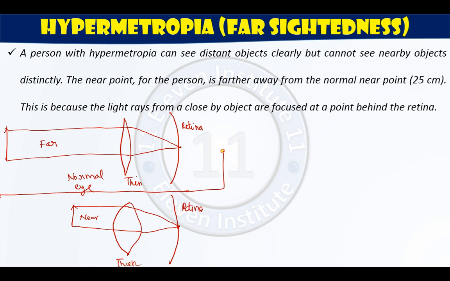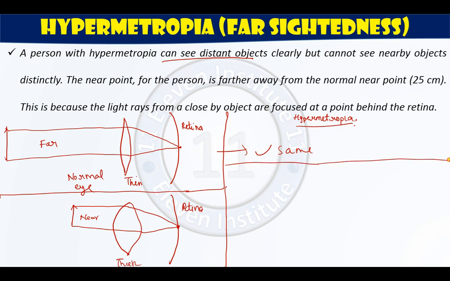But what happens if a person is suffering from hypermetropia? That is the point of discussion. Hypermetropia. What happens when a person is suffering from hypermetropia? See, this condition is same, because a person having hypermetropia can see distant objects clearly. Same condition will get repeated over here.